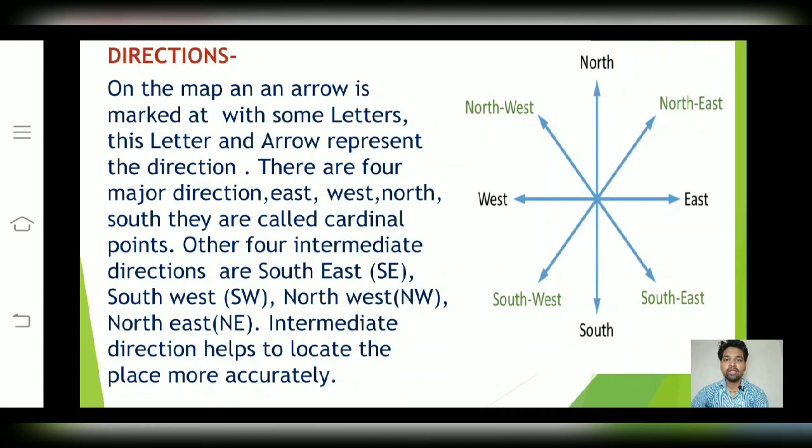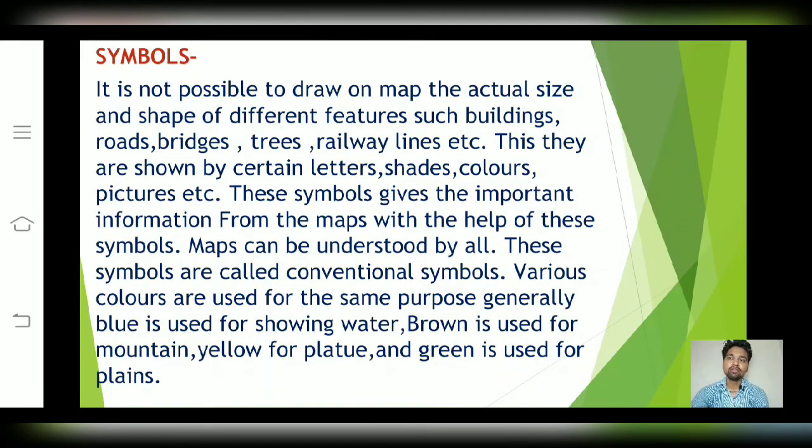Friends, intermediate directions are used to locate any place accurately. Friends, here the third one is symbols. It is not possible for us to make such diagrams on a small paper if we have to draw thousands of buildings.